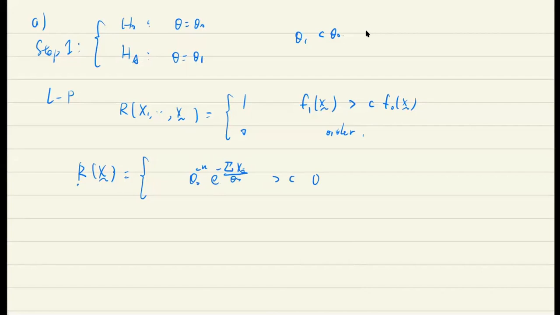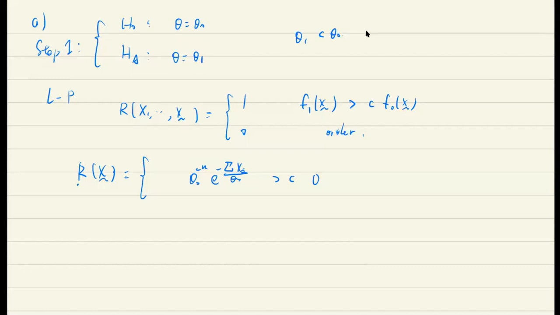And this is equal to theta 0 over theta 1 to the power n, then greater than some constant, times the exponential of negative n times (theta 1 minus theta 0) times x bar.